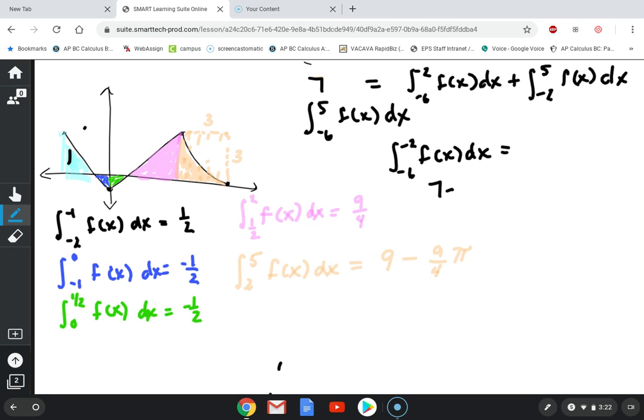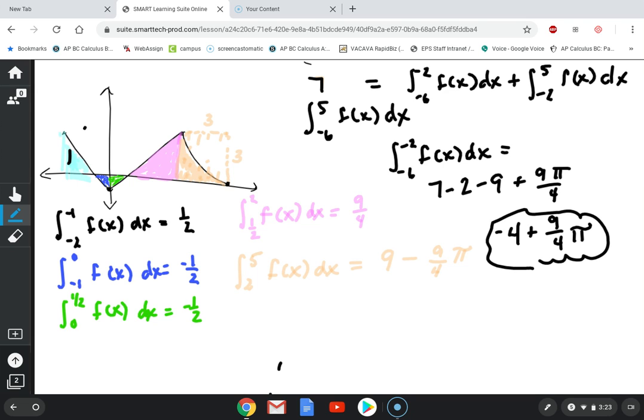So I have 7, and then minus 2 minus 9 plus 9 pi over 4, which ends up being -4 plus 9/4 pi. So the integral from -6 to -2 is going to be -4 plus 9/4 pi.